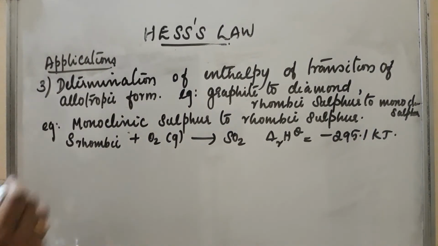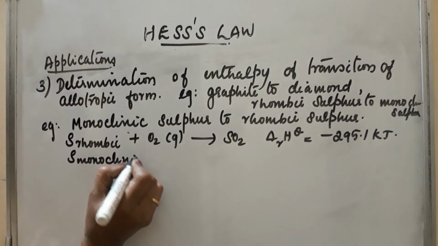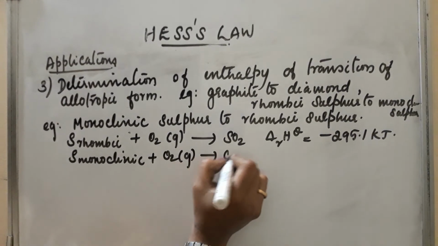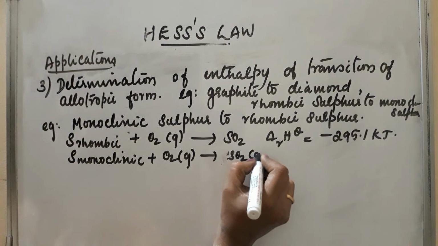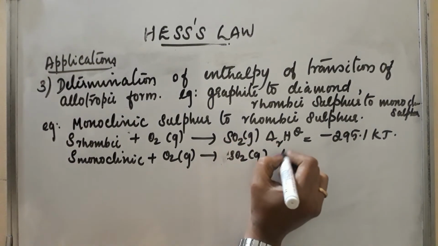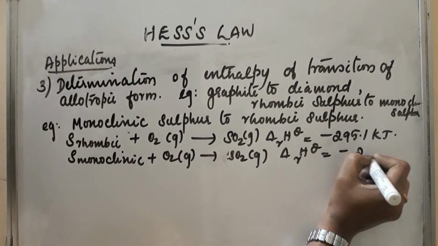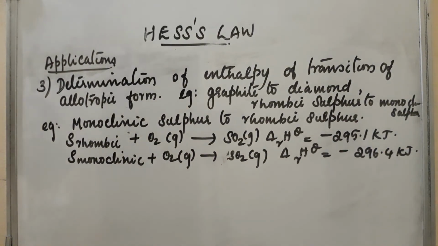Similarly, S monoclinic plus oxygen gives SO2 gas, and here delta H is minus 296.4 kilojoule. These two equations are given.